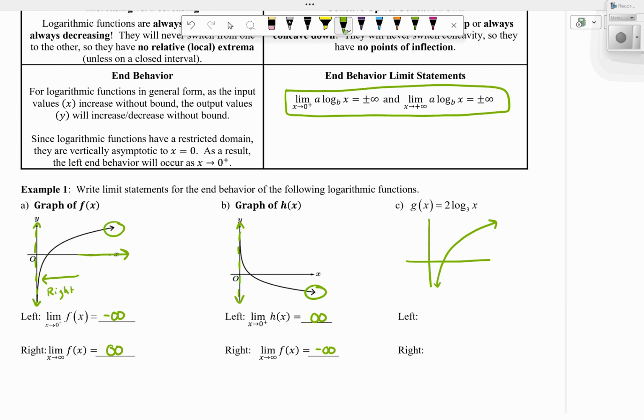So in this case, the limit as x approaches 0 from the right side of g of x, because that's the name of the function, is approaching negative infinity. And then the right limit would be the limit as our x values increase towards infinity for g of x, is going towards positive infinity.